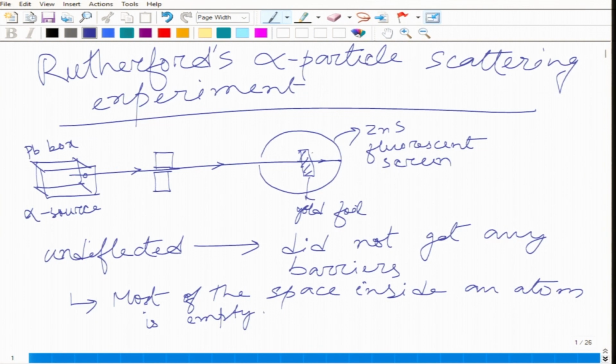Some of these rays deflected at small angles like this. The deflection was due to some kind of repulsive force.